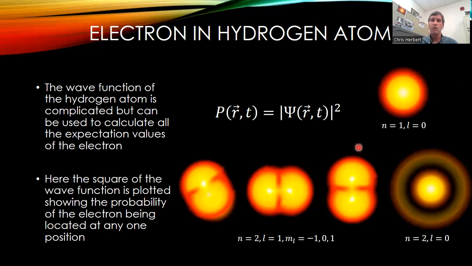The hydrogen atom is probably one of the more complicated systems to look at, but we'll look at a simple one-dimensional particle in a box, and we'll look at a harmonic oscillator. Again, these wave functions represent the information about the quantum state of those particles.